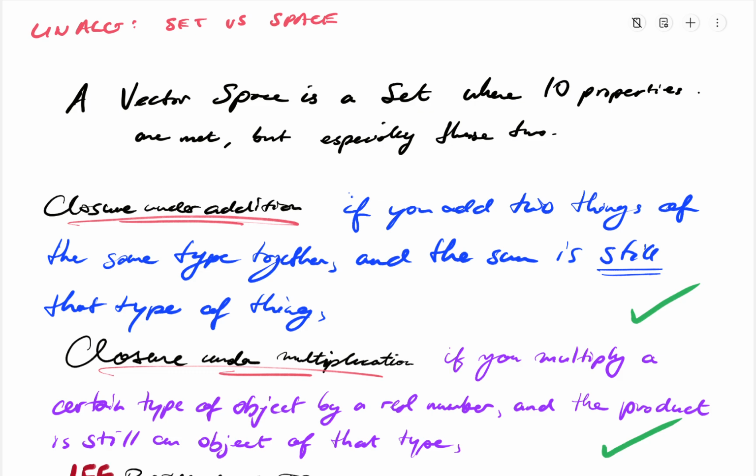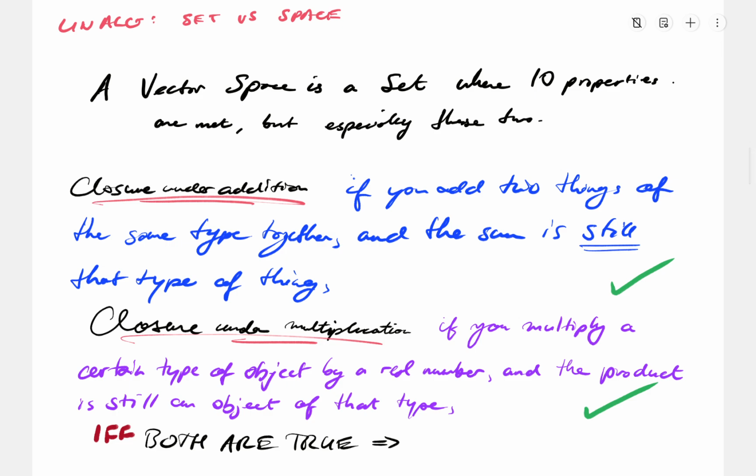So that's why R2 is a vector space, for example. If both of these are true, then we have a vector space. Because I know I said there's 10 rules, but basically most of the rules can be checked by checking these two. All right, let's keep going.